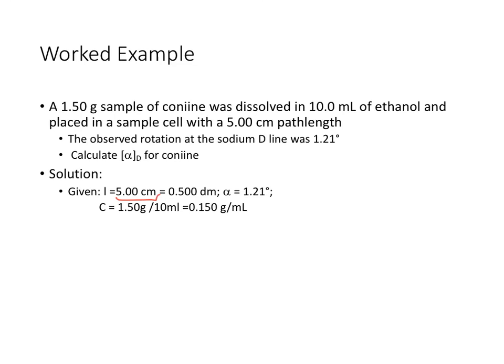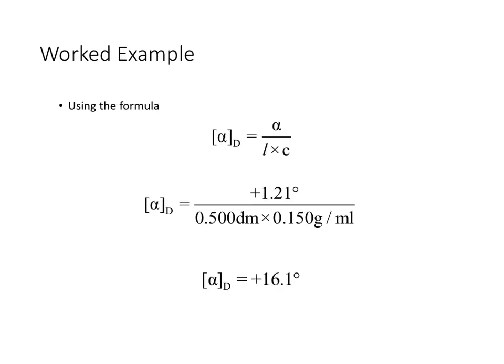You want to first convert that to decimeters. And then the rotation is 1.21 degrees. And then the concentration, we want to convert to grams per milliliter to get to that number. So using that number, you get to a specific rotation value of plus 16.1 degrees.